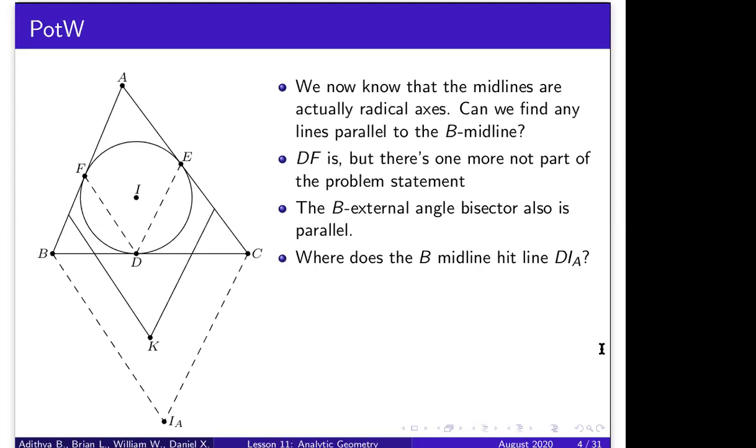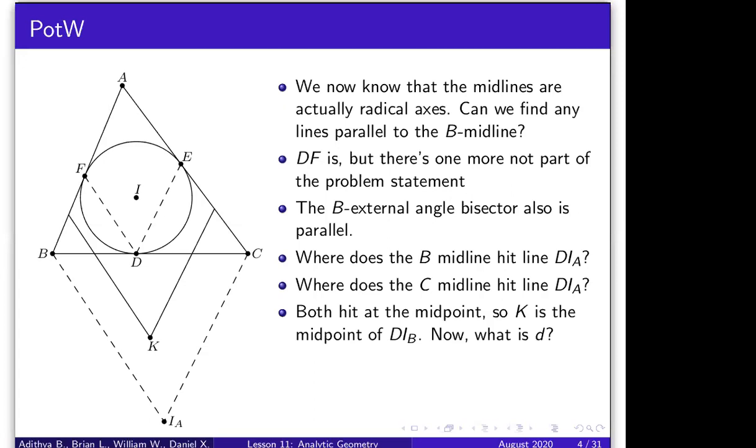How about the C midline? Where does the C midline hit DIA? Well, of course it's symmetric, so it's actually going to hit the same point. So this tells us that the B midline and the C midline actually concur on line DIA. Oh, that's a typo. It should say DIA, not DIB. So this tells us that K is the midpoint of line DIA. So now can anybody think of a nice expression for D?